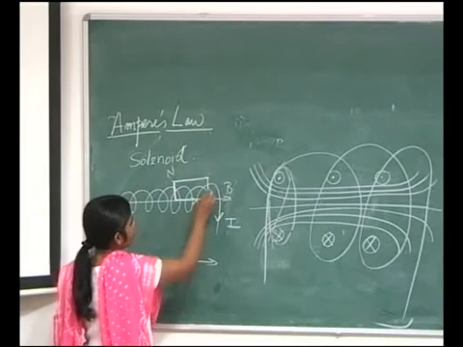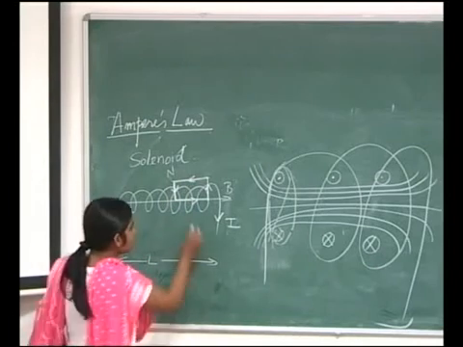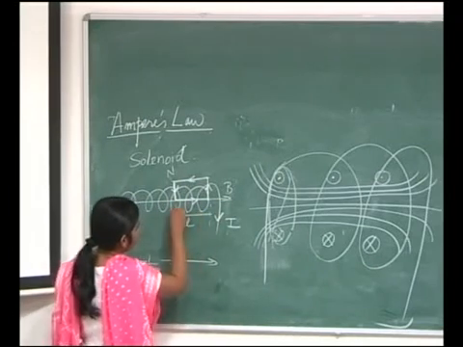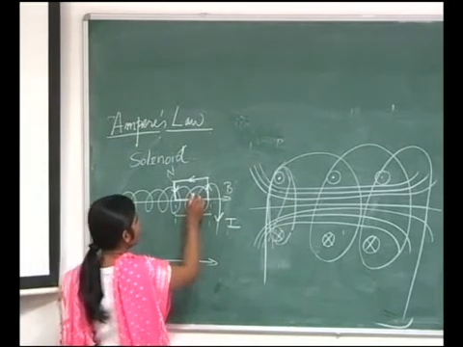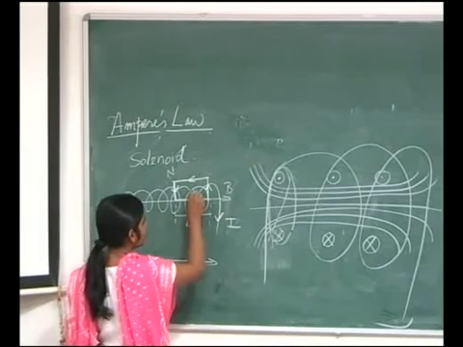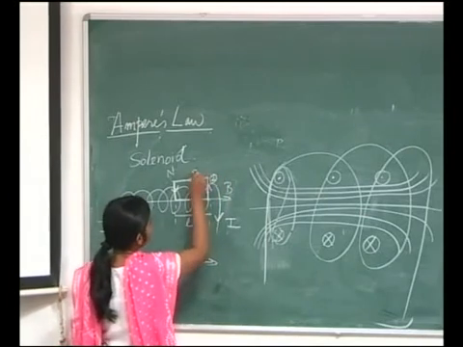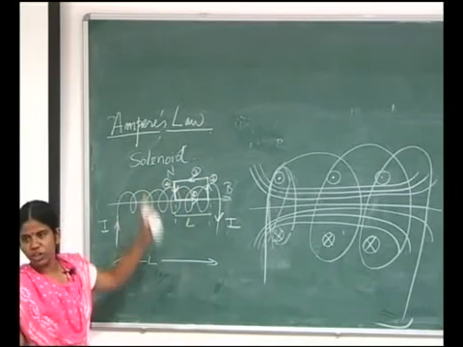I move like this, and let this length be L, small n. This has 4 paths. I consider this as 1, this as 2, this as 3 and this as 4. I move on the loop.